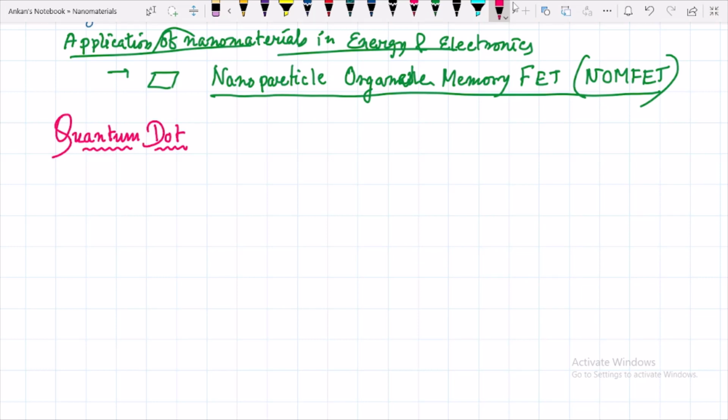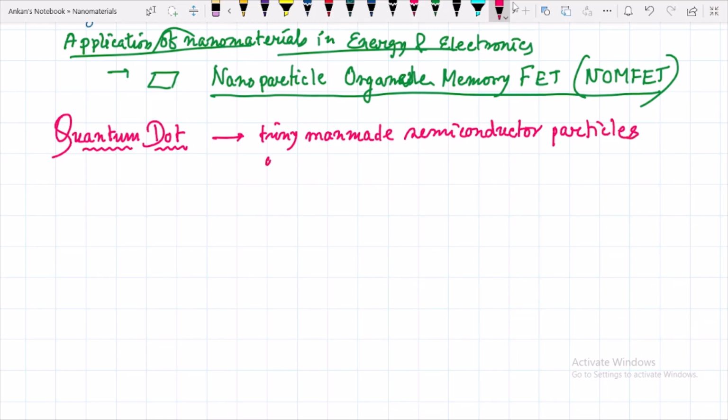Quantum dots refer to very teeny man-made semiconducting material or semiconductor particles whose size is normally no more than 10 nanometer.